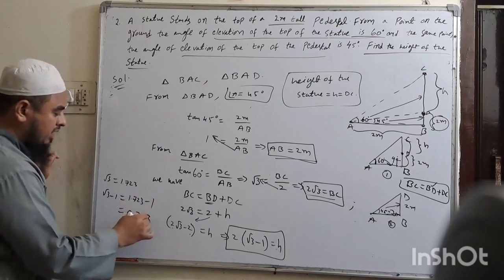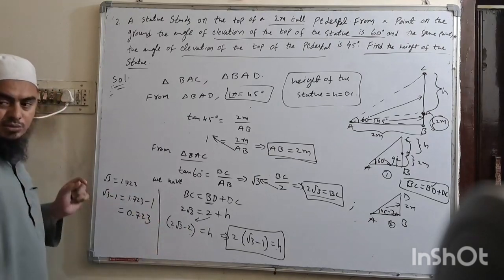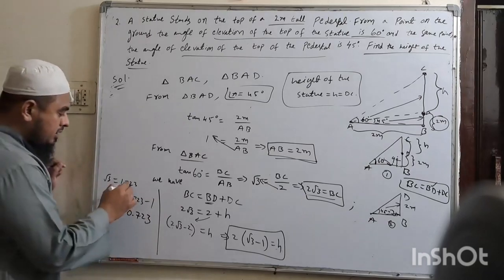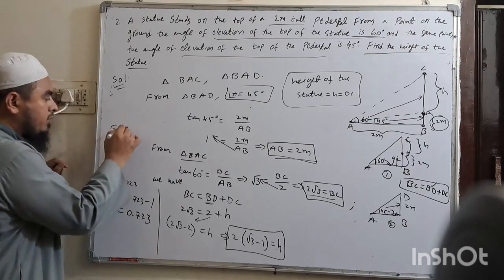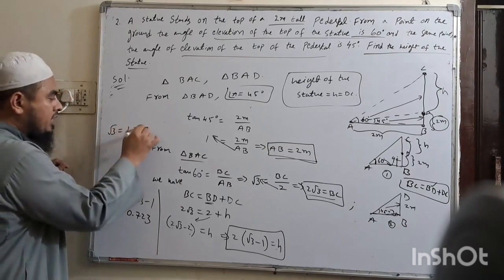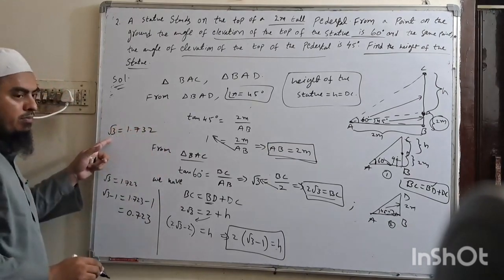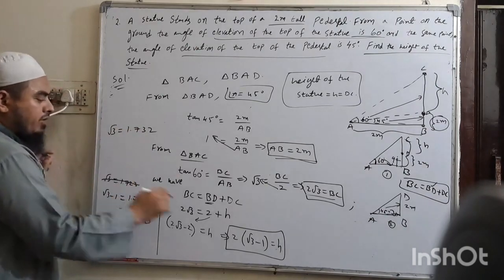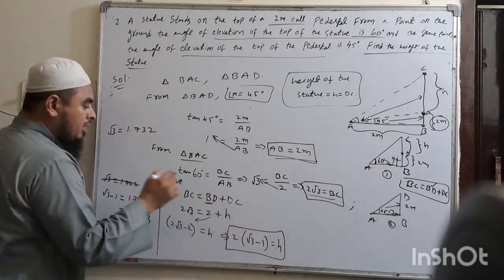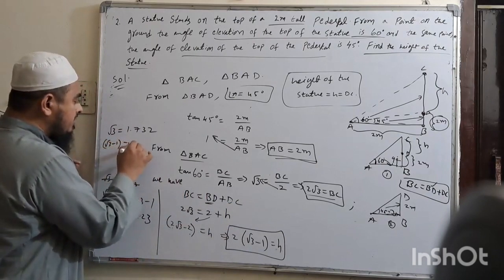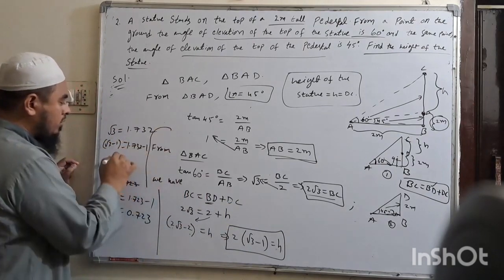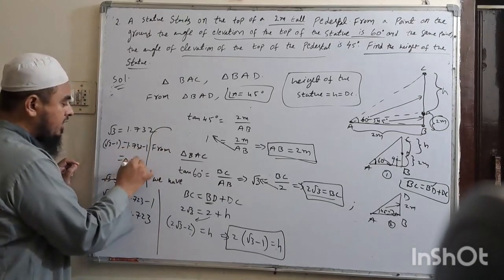We have root 3 is equal to 1.732. So root 3 minus 1 is 1.732 minus 1, that gives 0.732.